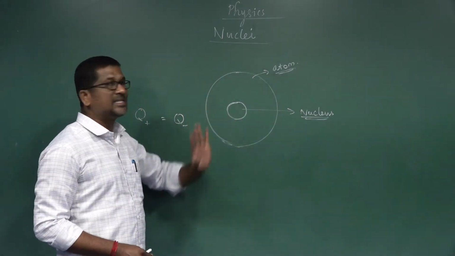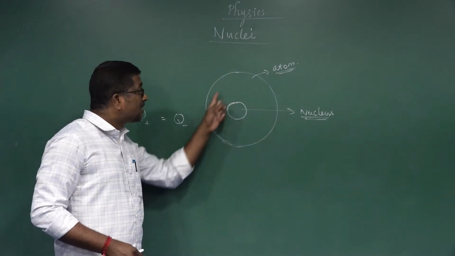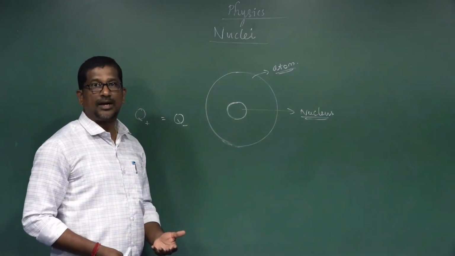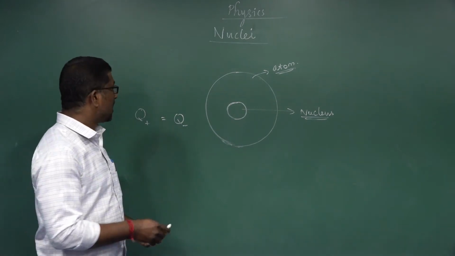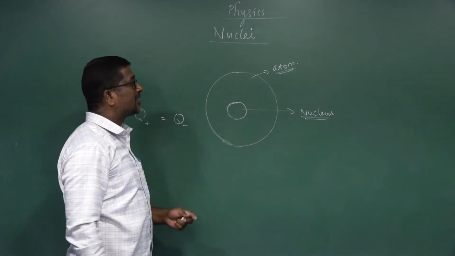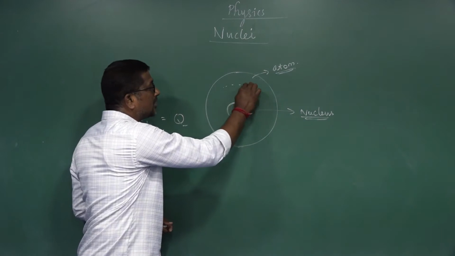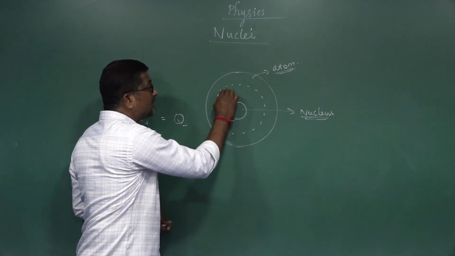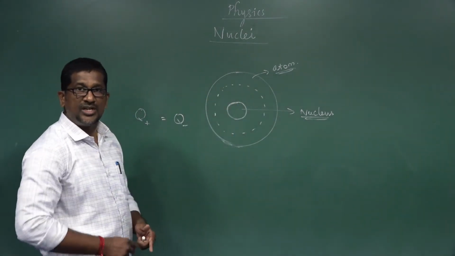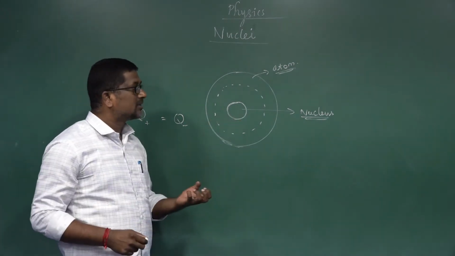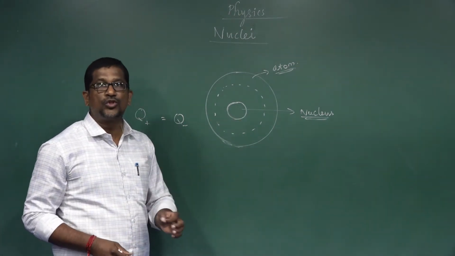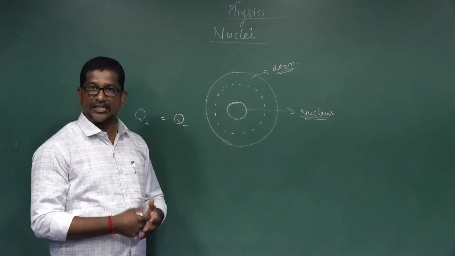So that is why an atom is electrically neutral, and an atom has a lot of empty space. And the electrons in an atom revolve around the nucleus in fixed circular orbits. These are the conclusions given by Rutherford from the alpha particle scattering experiment, right?